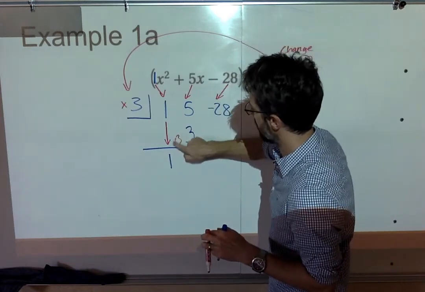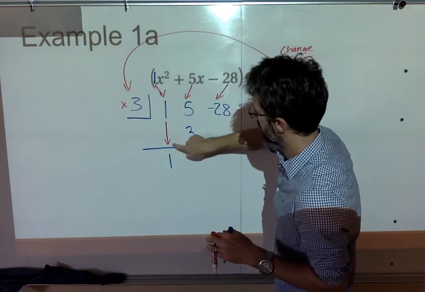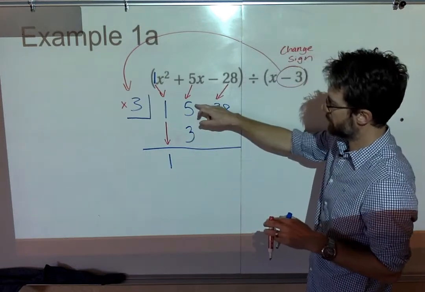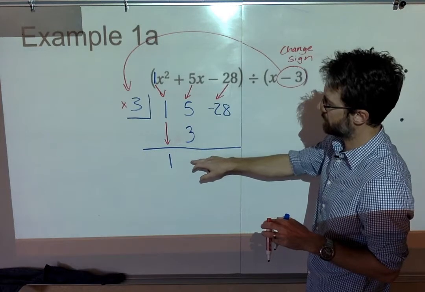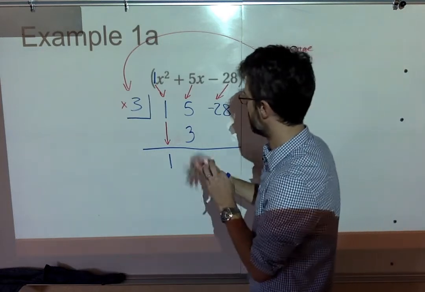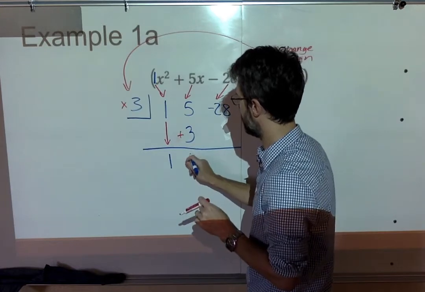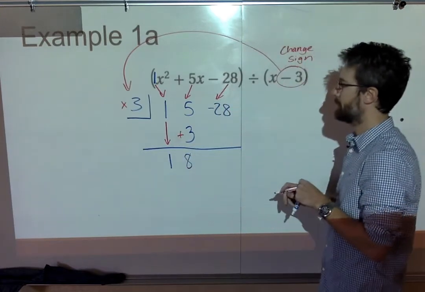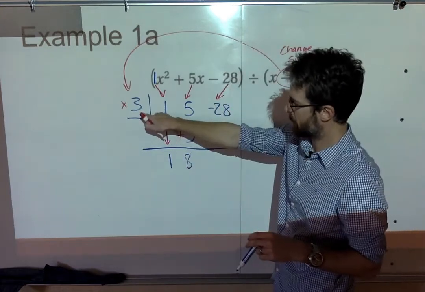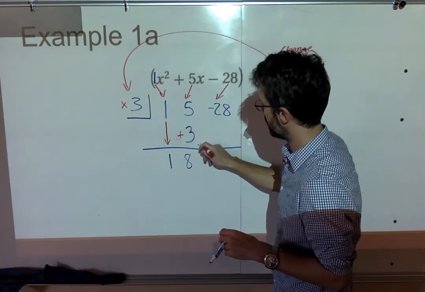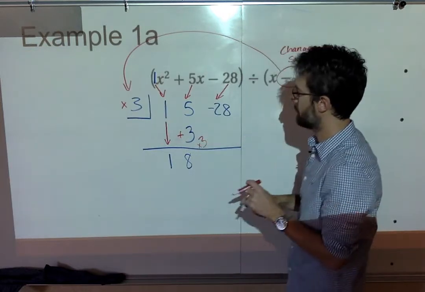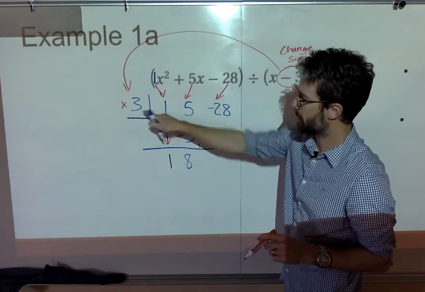I'm going to erase that, because the next thing we're going to do is add these two numbers together to get the number underneath it. So now we're doing 5 plus 3, and we get an 8. Now I'm going to take that multiplier, and I'm going to multiply again, so 8 times 3. And I'm multiplying by this number, not by this number.